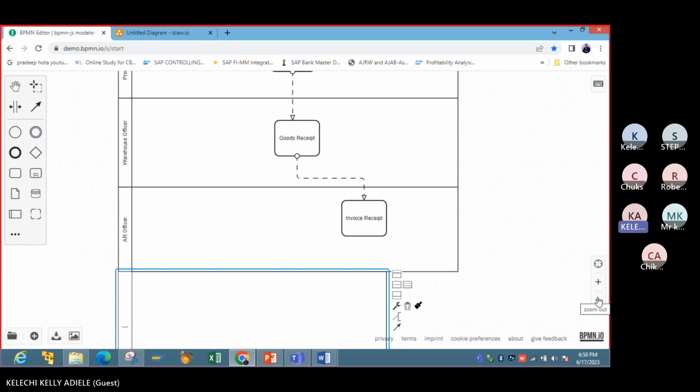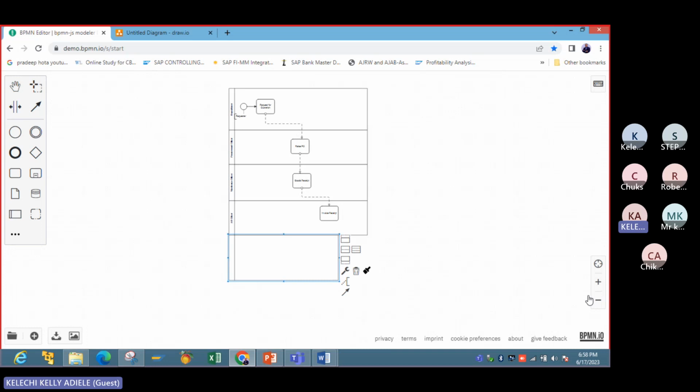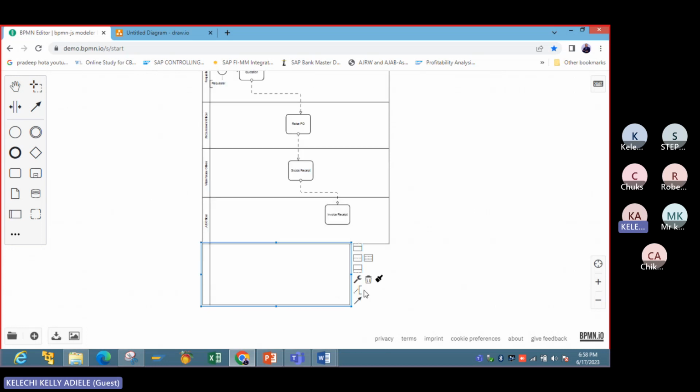So let me zoom out so it comes very small. You can use this zoom in, zoom out tool. Then I have, then this is accounts payable.